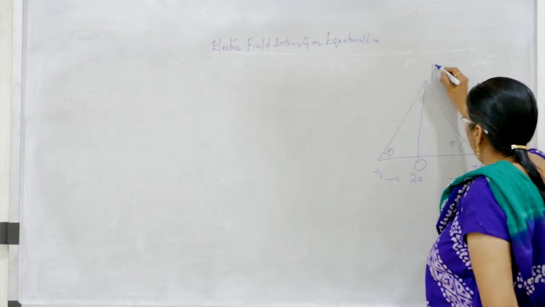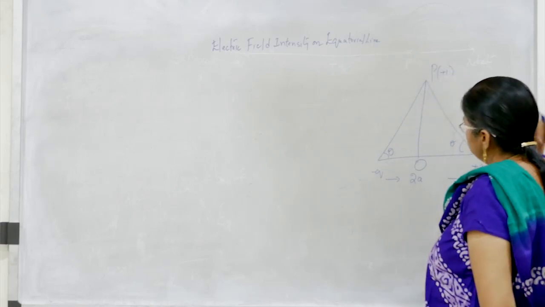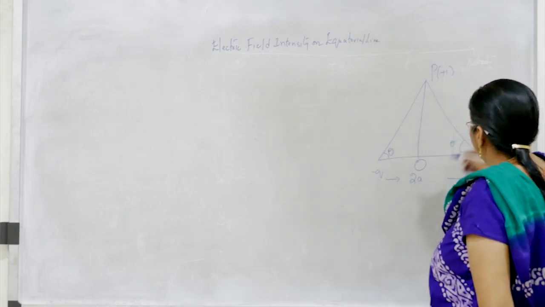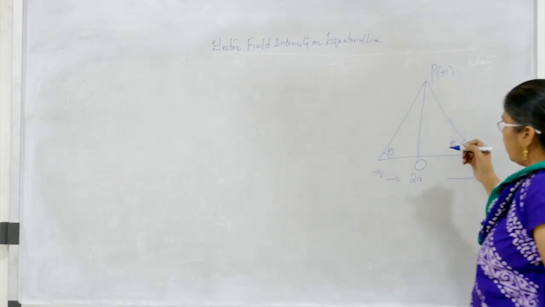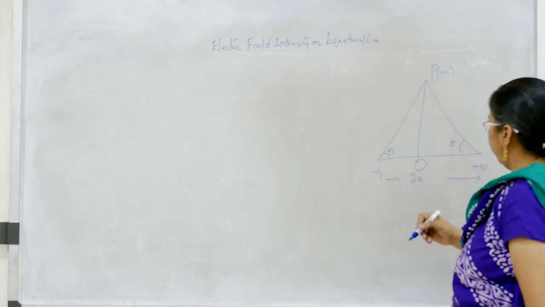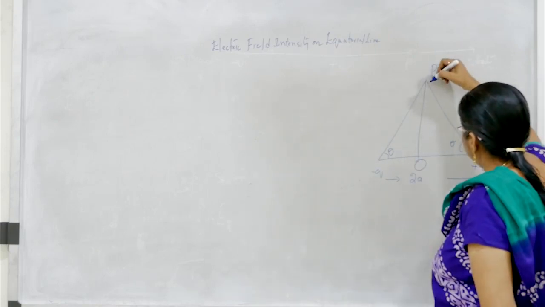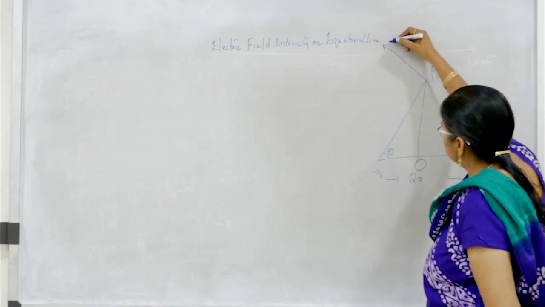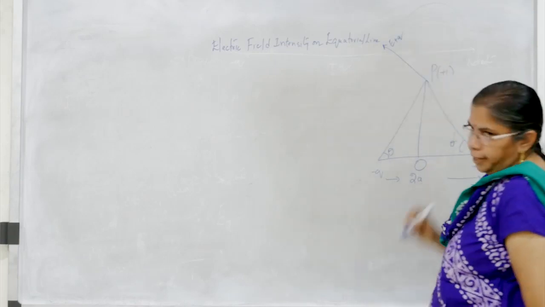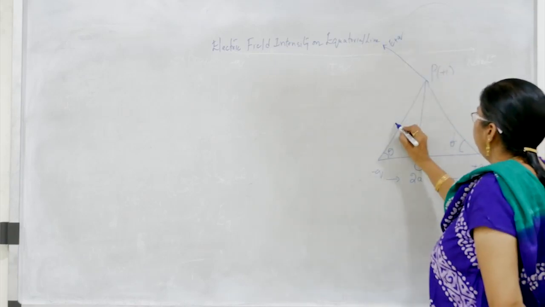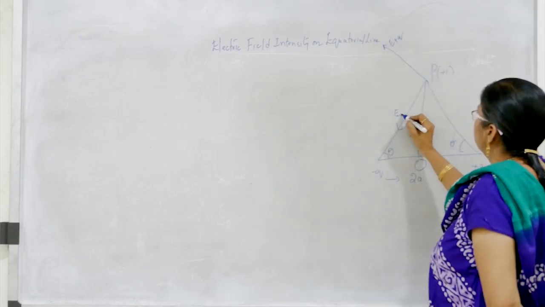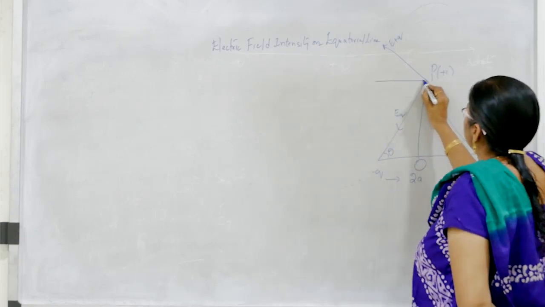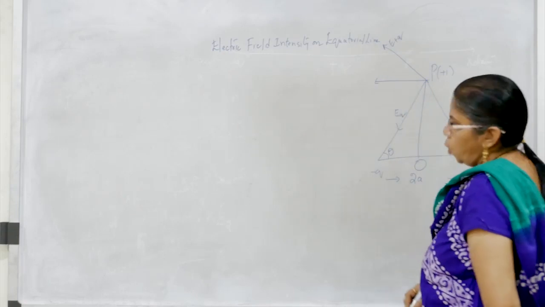So P is the point where a unit charge is placed, and here we have how to calculate the direction of the electric field. For plus q it is like this, this is E plus q, the direction is like this, and E minus q, the direction is like this. To find the total direction we draw a parallelogram.